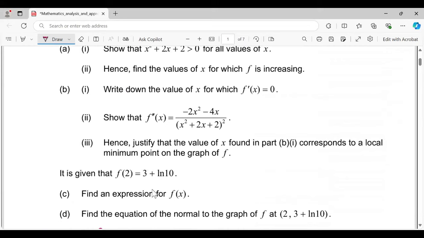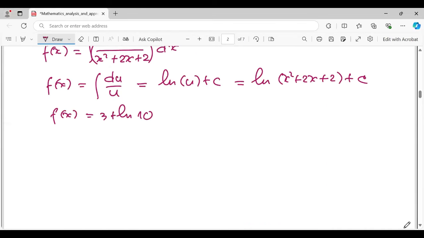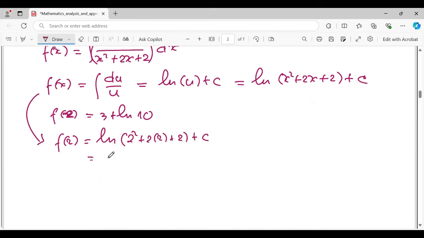Okay, according to this statement, f(2) equals 3 ln 10. And this f(x) at f(2) equals ln(2 squared plus 2 times 2 plus 2) plus c.